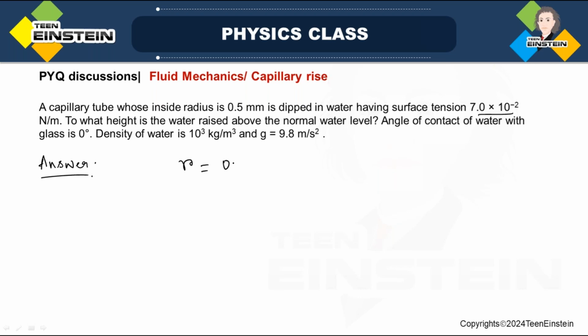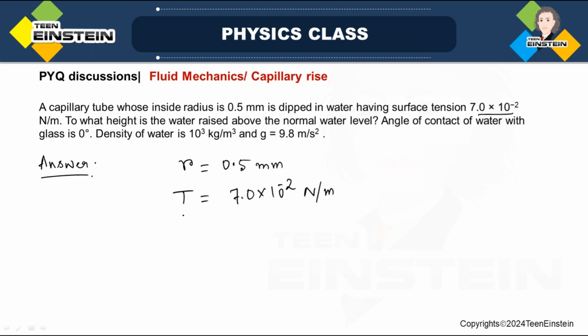The inner radius of the capillary tube is 0.5 millimeters. Then surface tension T, let us say, is 7.0 into 10⁻² Newton per meter.